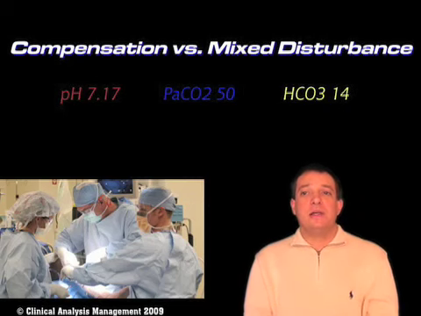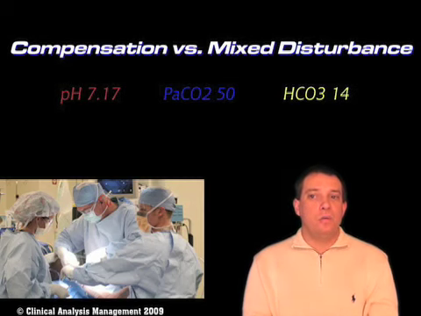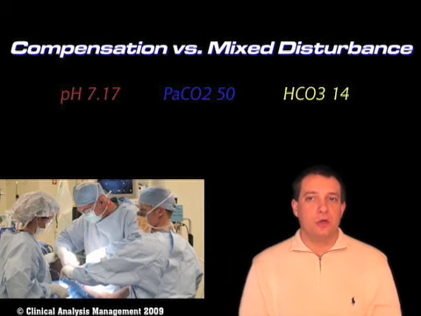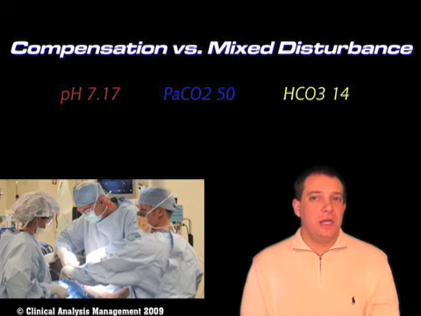Okay, so let's look at this first blood gas here. We've got a pH of 7.17, a CO2 of 15, and bicarb of 14. So when we look at the pH, question number 1, is everything normal? Obviously everything is not normal, so this blood gas needs to be interpreted. So the second question becomes, what's the first name and the last name? When we look at 7.17, the first name would be uncompensated, right?